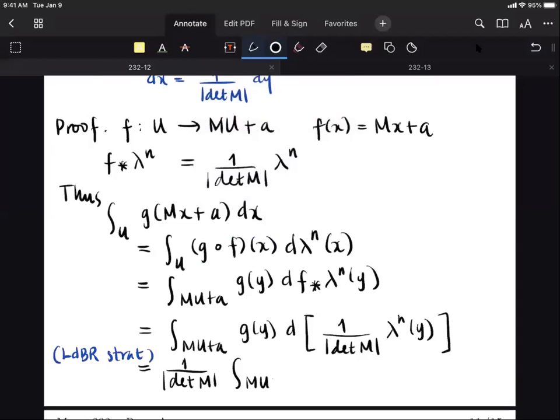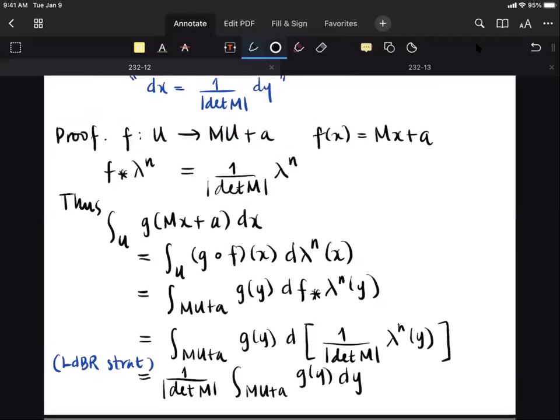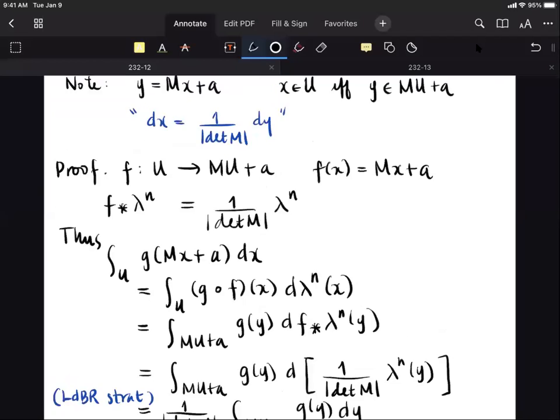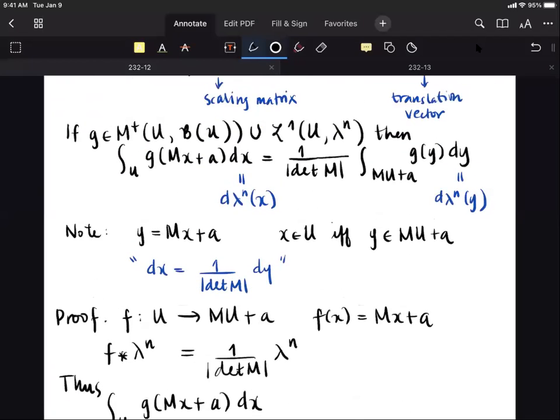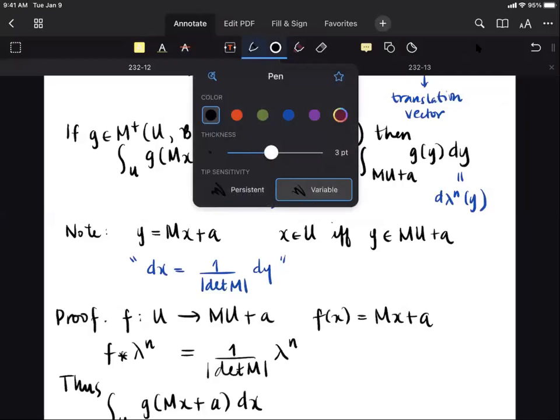Again, you can immediately see this in the case of characteristic functions, and hence for any non-negative or integrable function. And here, let us remove the notation for the Lebesgue-Borel measure. You have this identity, which is basically the one stated here.